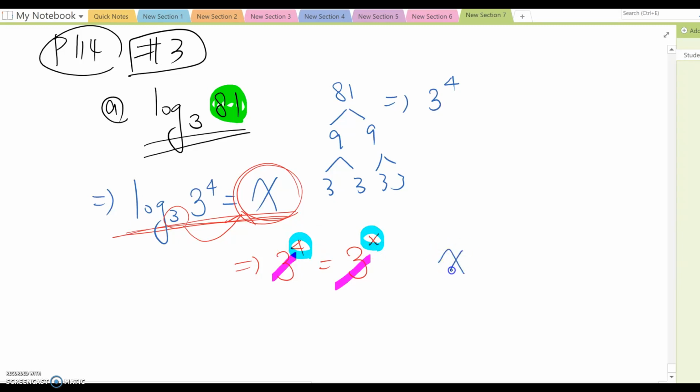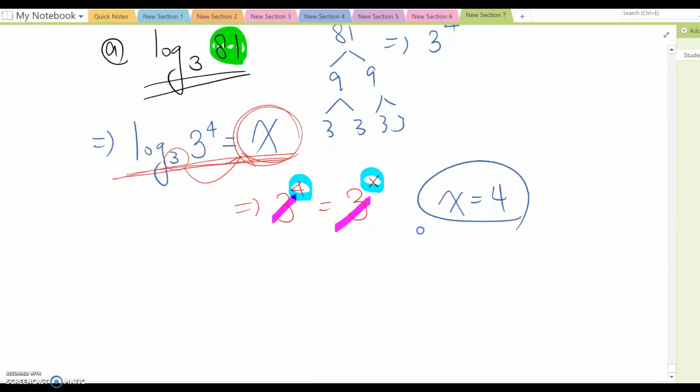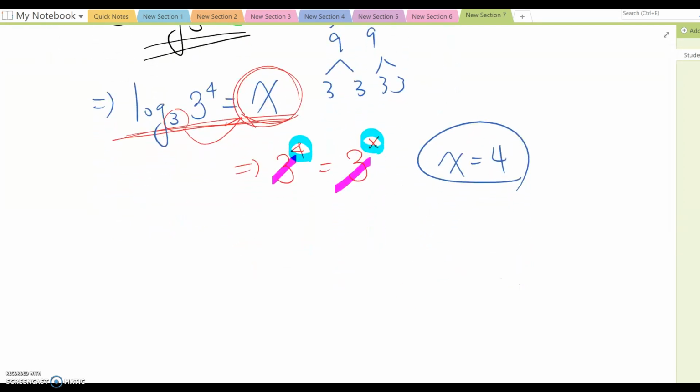Therefore, x equals 4 in this case. So from here, we can find that for any expression log base b of b to the p power, you can write p, because they are exactly equal to each other, so this value will be the answer.